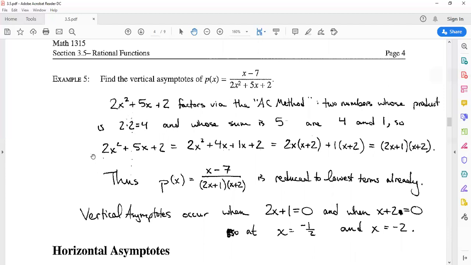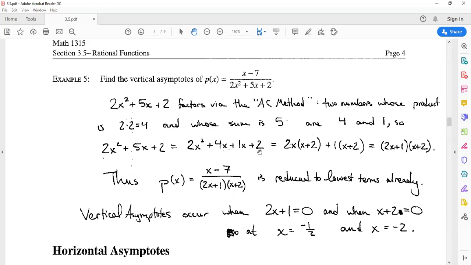So we want two numbers whose product is 4, and whose sum is the middle guy 5. And I think 4 and 1 will get it, because 4 times 1 is 4, and 4 plus 1 is 5. So now we'll write 2x squared plus 5x plus 2 as 2x squared plus 4x plus 1x plus 2. Just breaking the 5x into the two pieces of 4x and 1x.